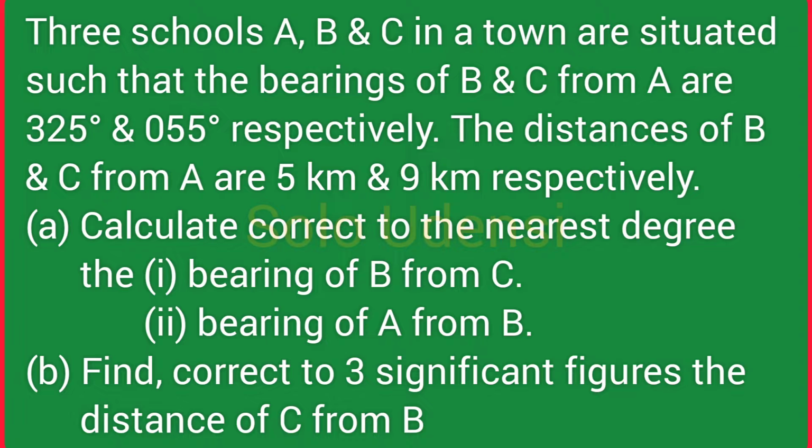A. Calculate, correct to the nearest degree, the I bearing of B from C, II bearing of A from B. B. Find, correct to three significant figures, the distance of C from B.